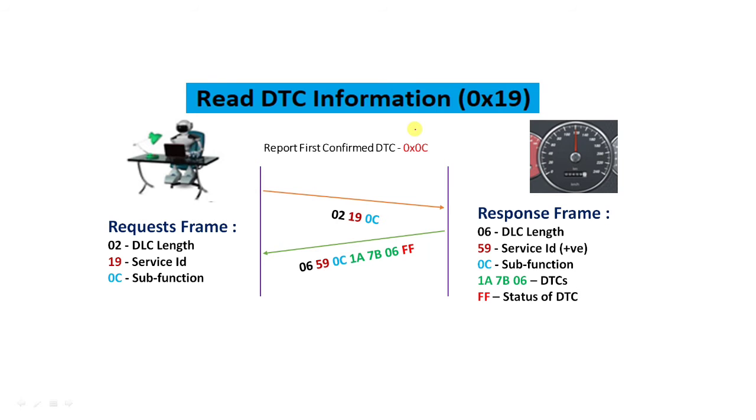Here is report first confirmed DTC, there is report first test failed DTC. Same, but there is another question. Say, for example, as I said, the confirmed DTC will come first, then only it will become aging of the DTC, and it goes to test failed.